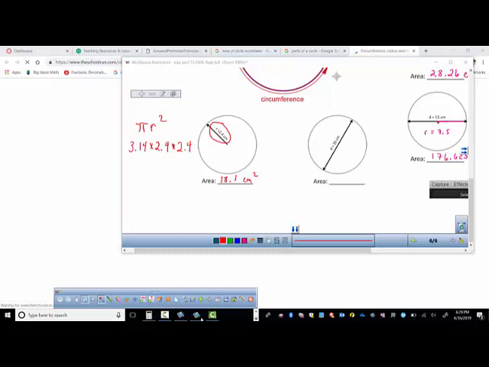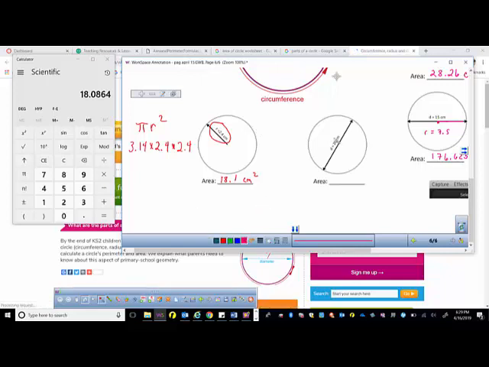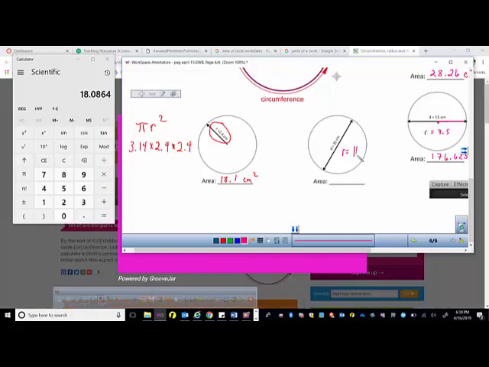Oops. All right, and our last example, got a little crazy with my pen. Our last example is right here. And notice this is the diameter again. So I need to know what the radius is. So if my diameter is 20, my radius is 10 centimeters. So then I can use my formula, pi r squared.